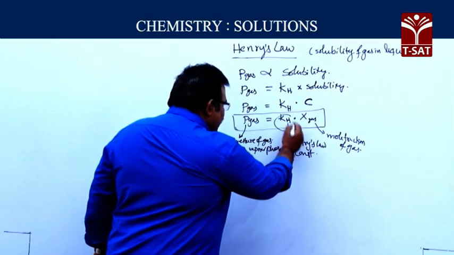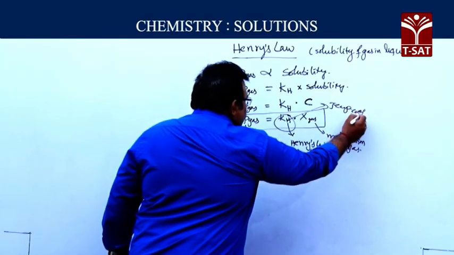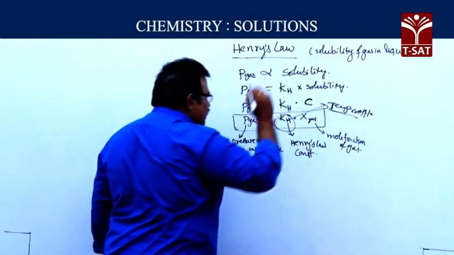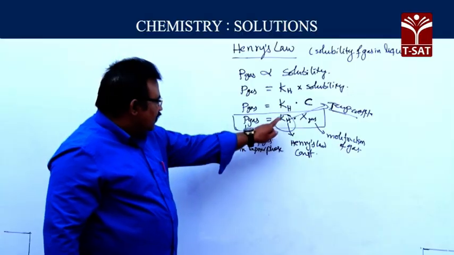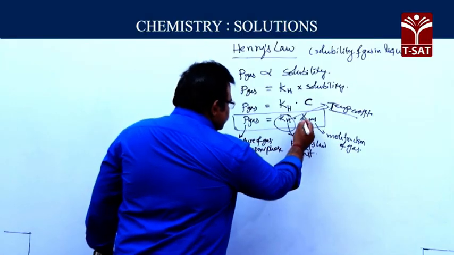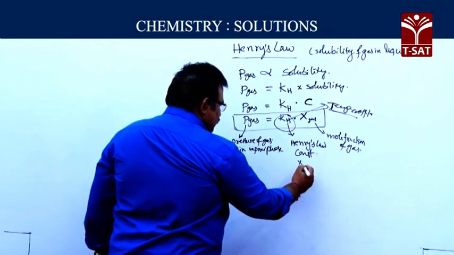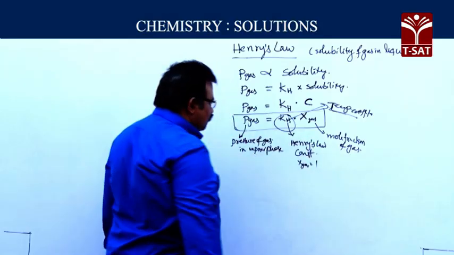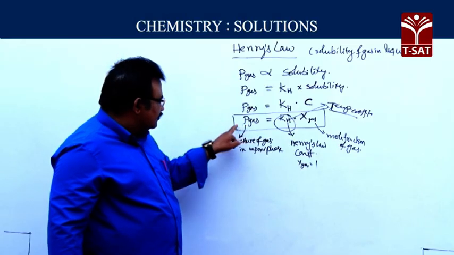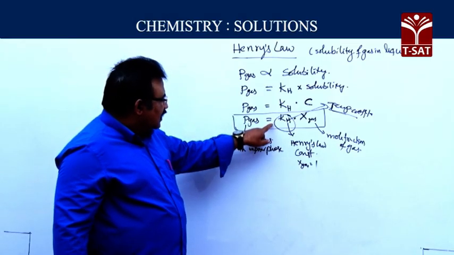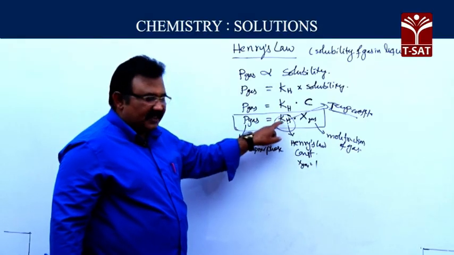Henry's law constant is temperature dependent. For example, if the mole fraction of the gas is equal to 1, then the pressure of the gas that is going to be soluble in the liquid is equal to Henry's law constant.